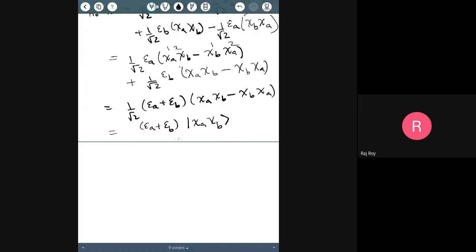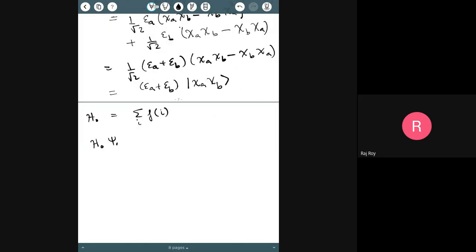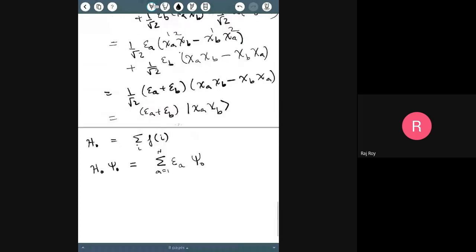So if my H0 is a sum of Fock operators of all the electrons, then I get H0 psi 0 is equal to the sum of the energies epsilon A, A equal to 1 to n, times psi 0. This is good.